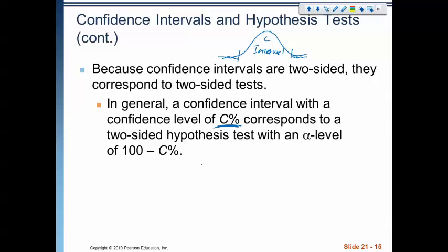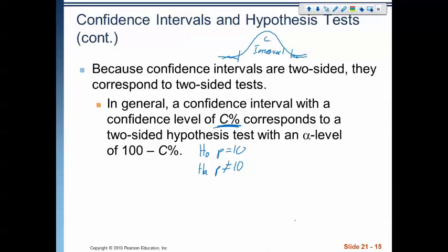So let's do a quick example. If my null hypothesis is p equals 10, and my alternative is p does not equal 10, meaning this is a two-sided test, the alpha level that we choose is related to the confidence level.